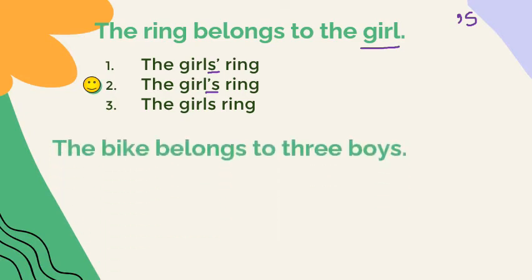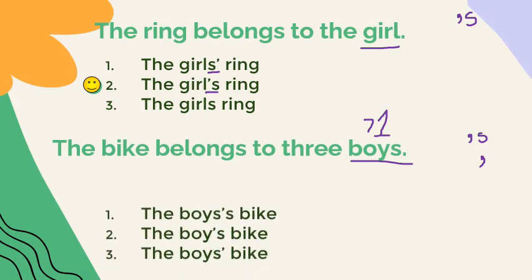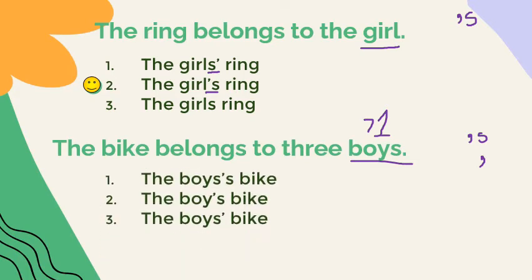The bike belongs to 3 boys. See, here I have boys. I have more than 1. This is a plural. Okay, so when I have a plural noun, what do I do? Do I add apostrophe S or do I only add apostrophe to the S? I have the options. Do I say the boys' bike?